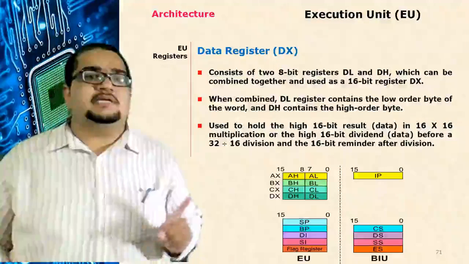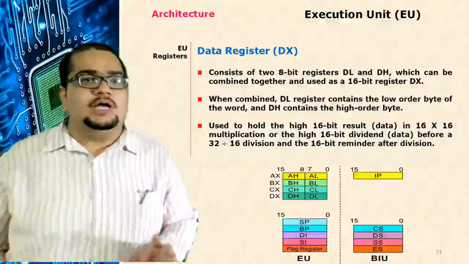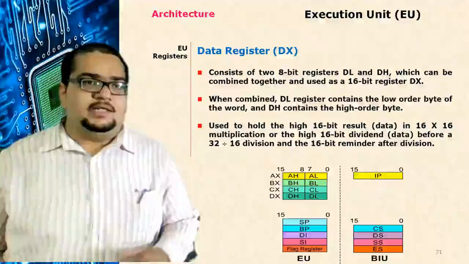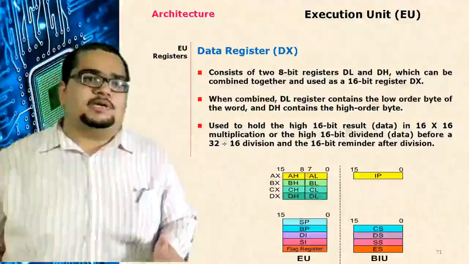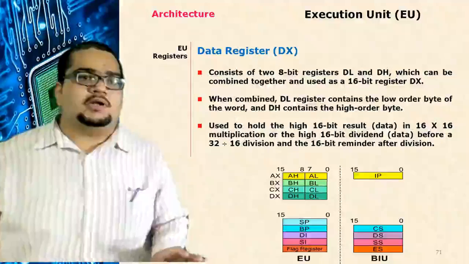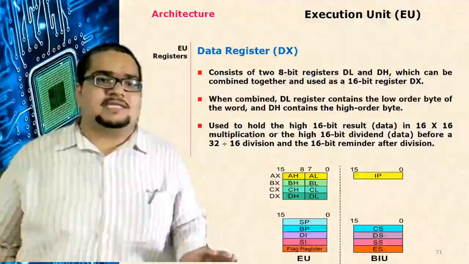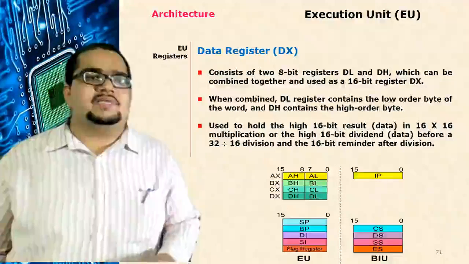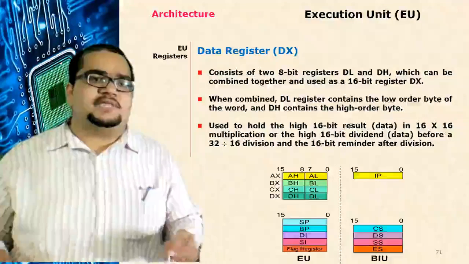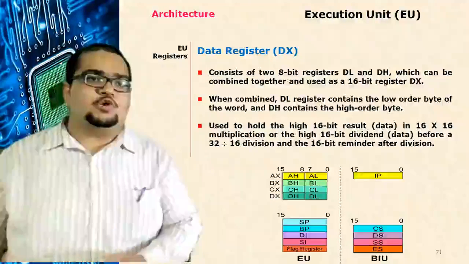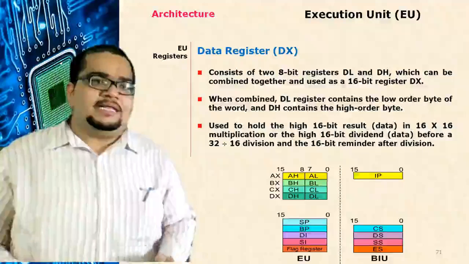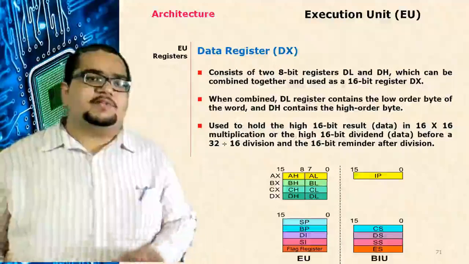In those cases, the DX will act as an extended hand to the accumulator. It gives an extension to the accumulator, so it also becomes a part of the accumulator, where the lower result is stored in the AX register and the higher result in DX. For a 32-bit size, from the 0th bit LSB to the MSB 31st bit, bits 0 to 15 will be stored in the AX register, and 16 to 31 will be stored in the DX register.